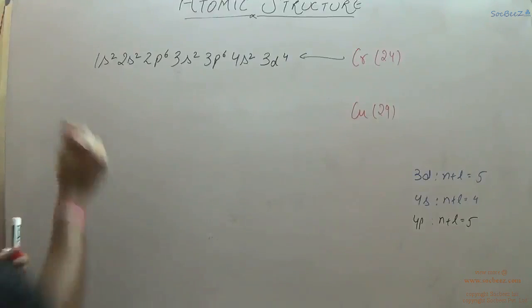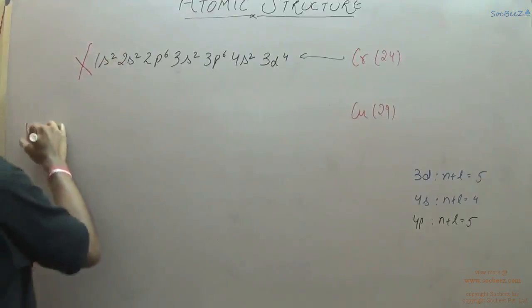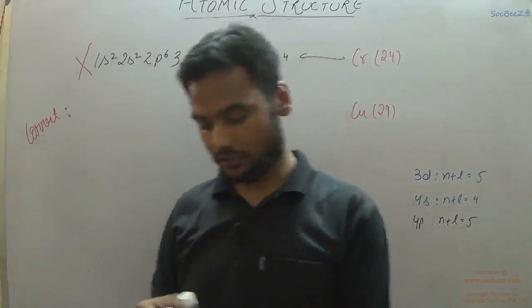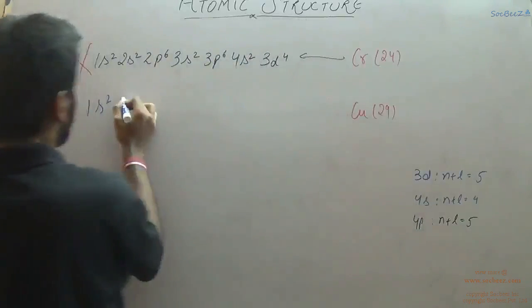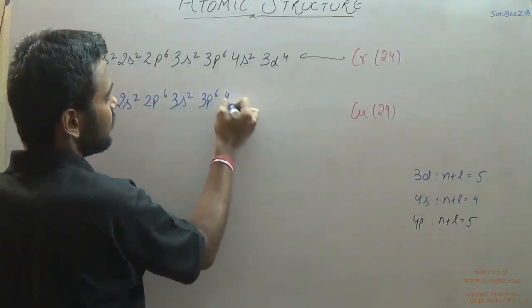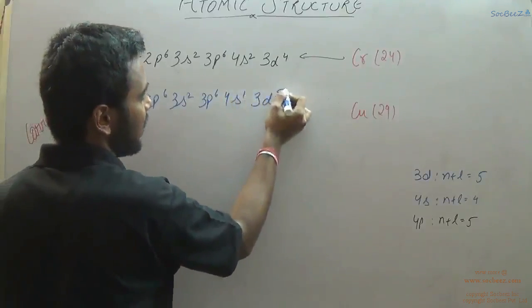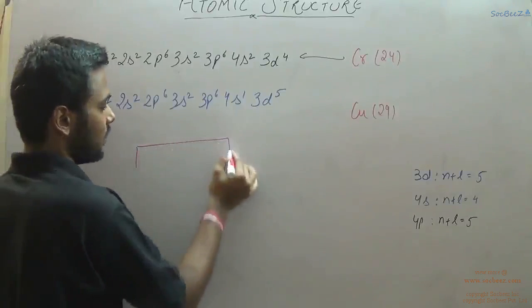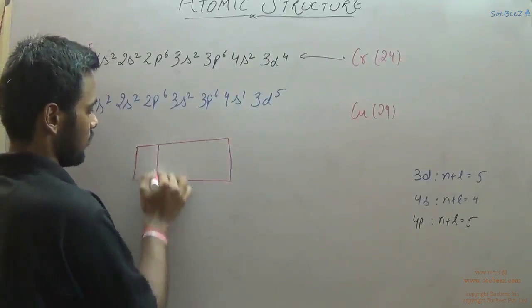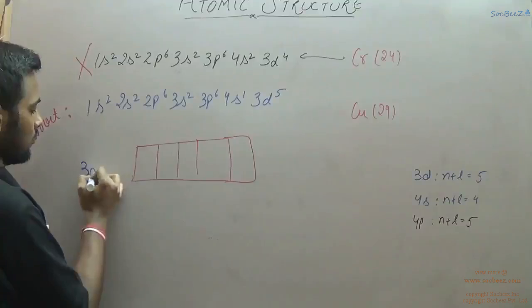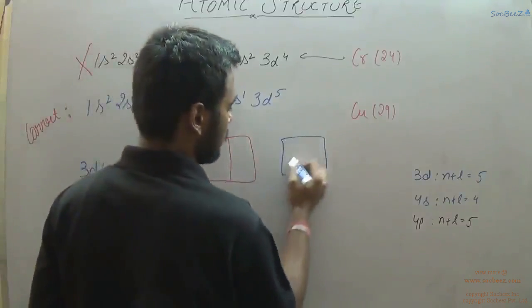But this electronic configuration is wrong. The correct electronic configuration is 1s2, 2s2, 2p6, 3s2, 3p6, 4s1 and 3d5. We discussed just now that half-filled orbitals are more stable than orbitals which are not half-filled or completely filled. Suppose this is the 3d orbital, and this is the 4s orbital.